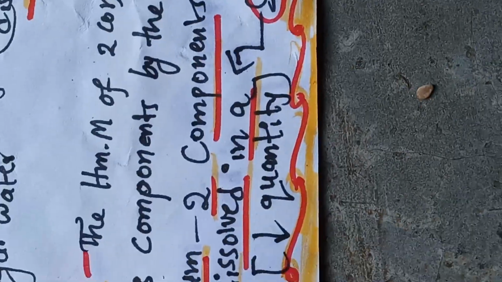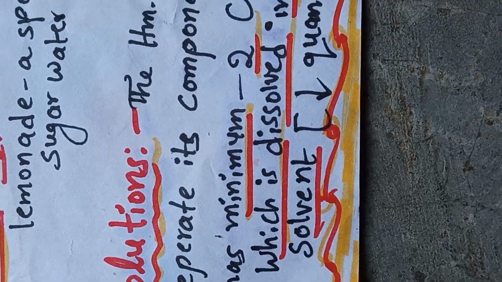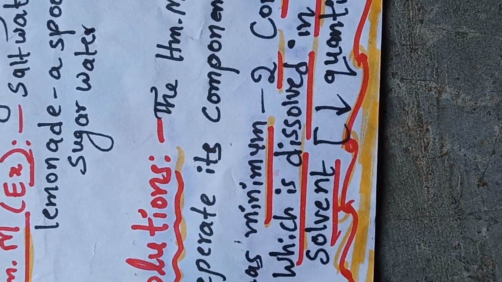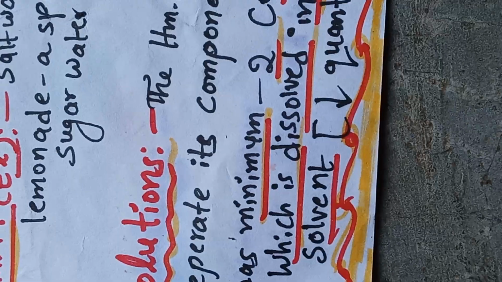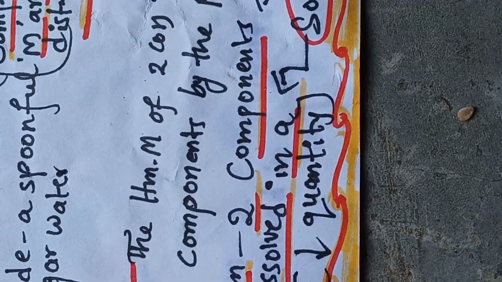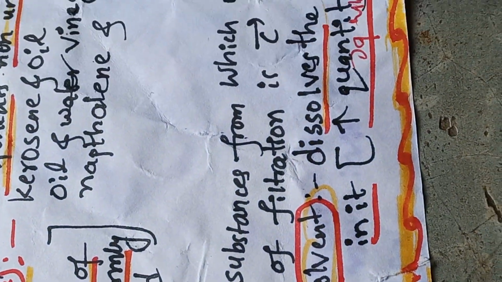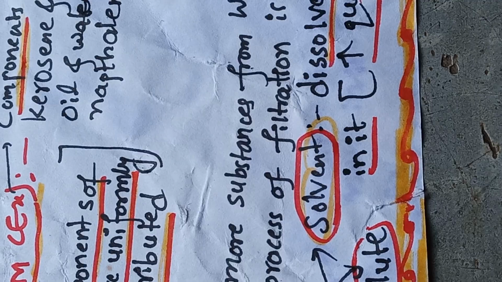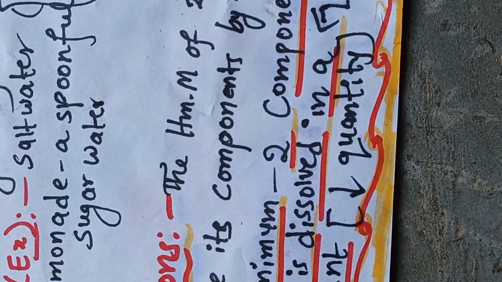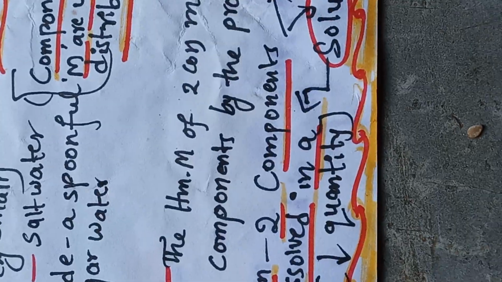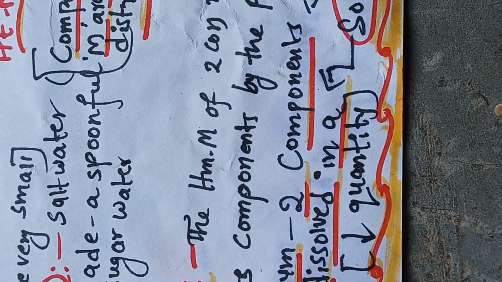And solute means which is dissolved in a solvent, and it is present in low quantity. A solution has a minimum of two components. One is a solvent, which dissolves the other component in it and is present in high quantity. And solute is what is dissolved in a solvent, and it is present in lower quantity.